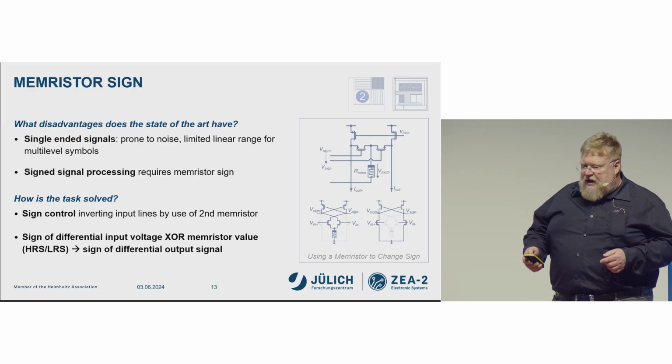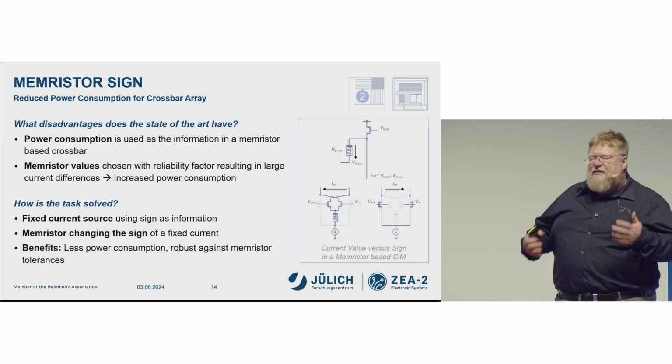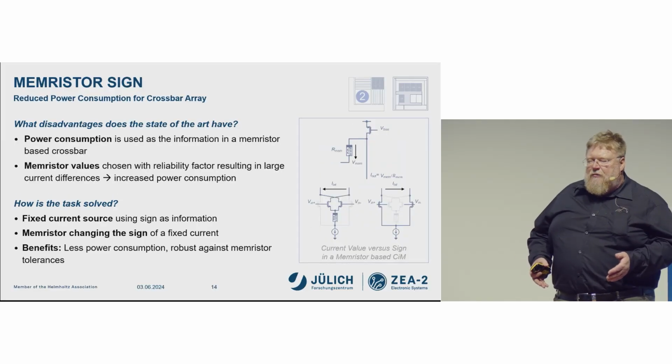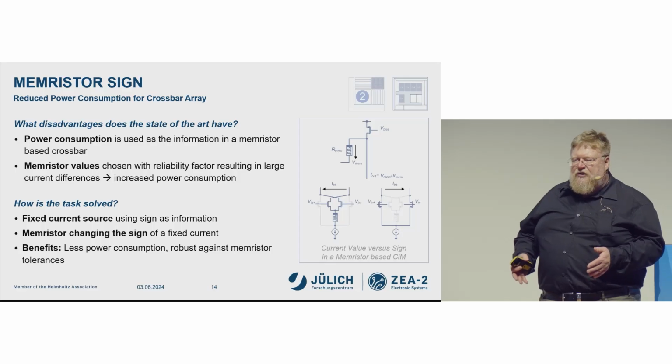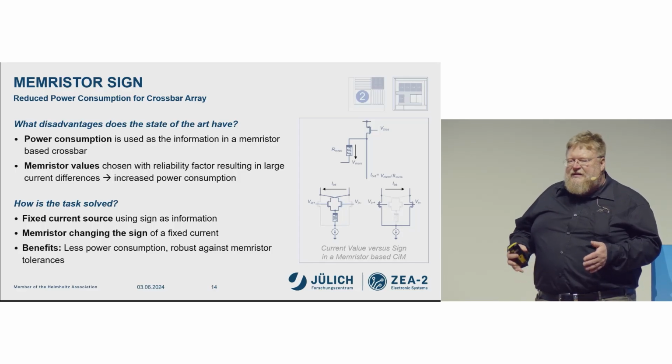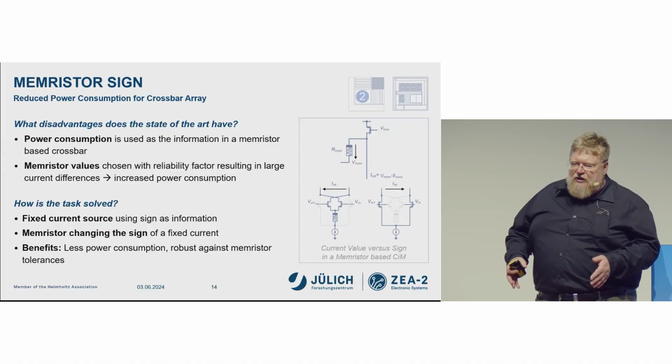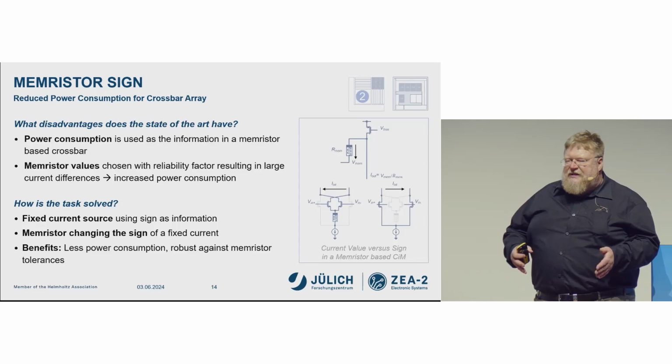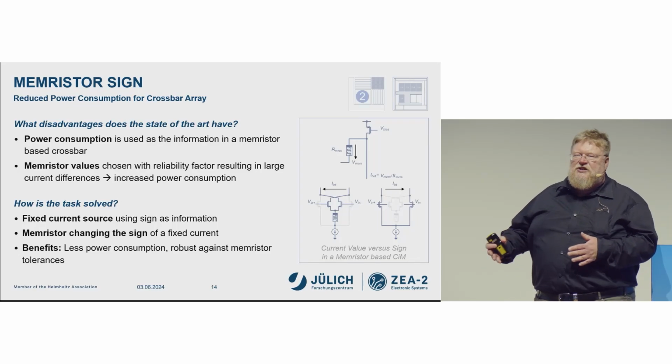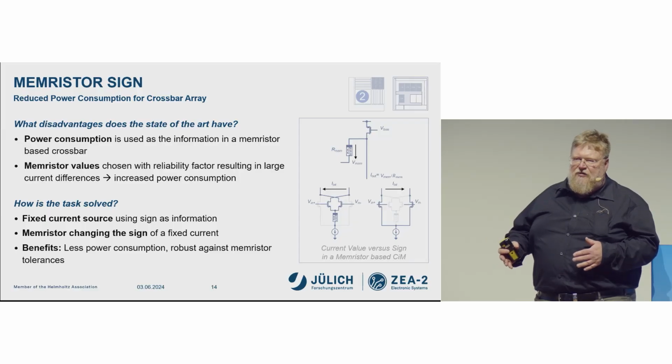At this stage, I found that this is also nice to use in general, because a memristor-based crossbar always has the disadvantage that it uses power consumption as information, which is maybe not a good idea if you really want to reduce the power consumption. So you always have a voltage across a resistor showing you a current, and this current will change depending on the information.